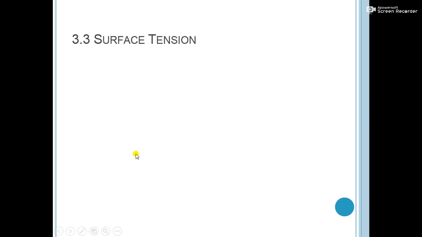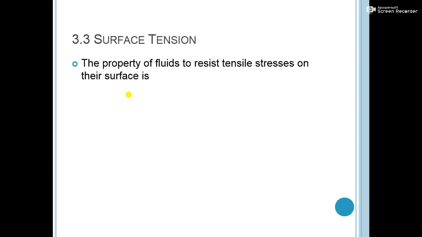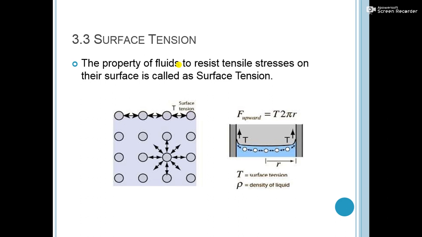Next is surface tension. The property of a fluid to resist tensile stress on its surface is called surface tension. The figure shows surface tension. Here we can understand that each molecule attracts other molecules.